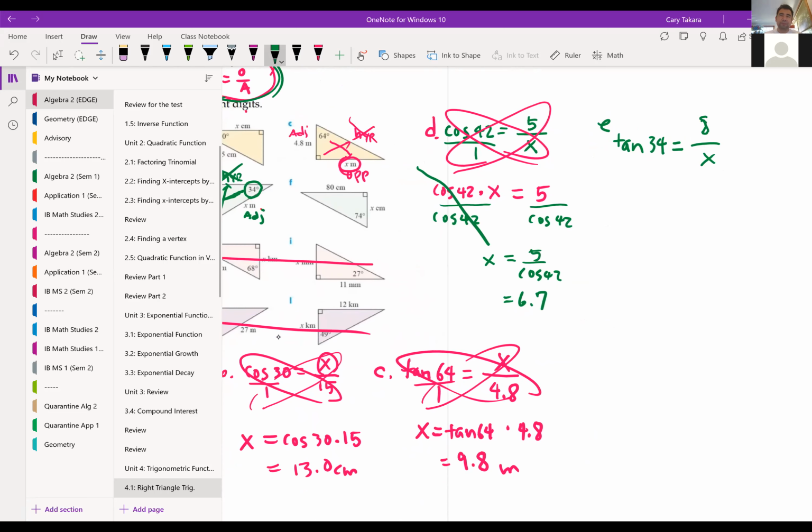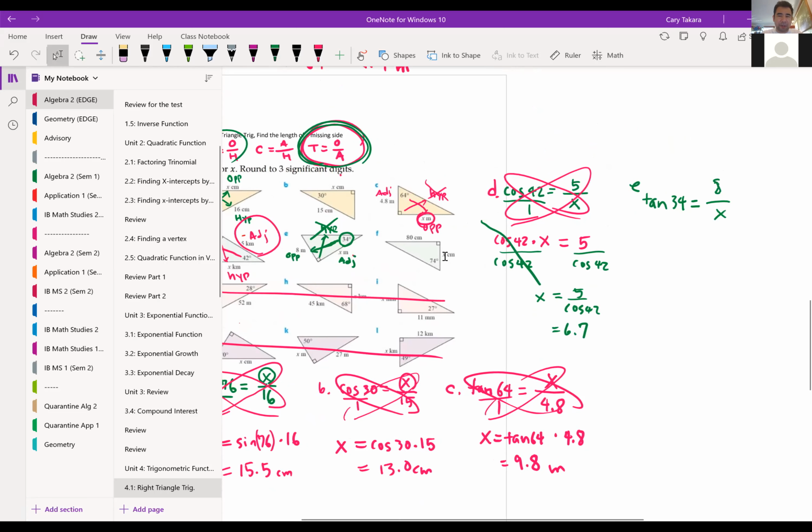Again, x is in the denominator, but we know how to deal with that. Cross multiply. Tangent of 34 times x equals 1 times 8, which is just 8.